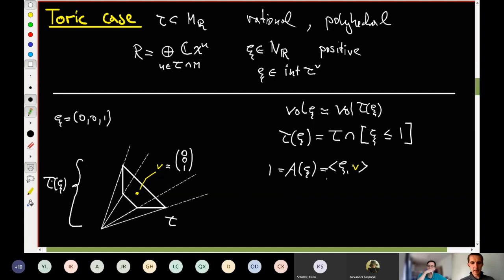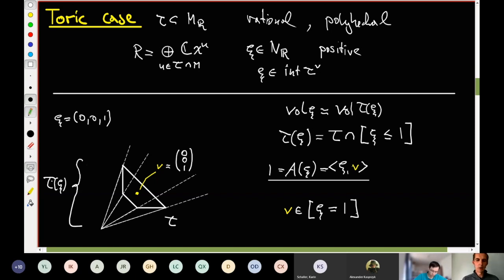Okay, let me now rephrase this normalizing condition a little bit. We could rephrase it by saying that the canonical weight has to be an element of the hyperplane in M where xi takes values equal to 1.